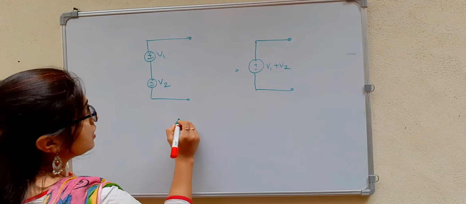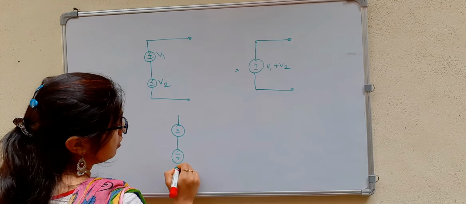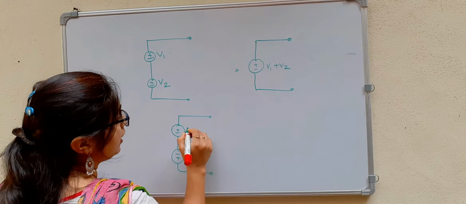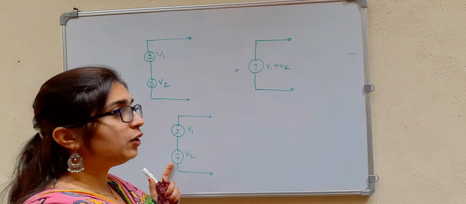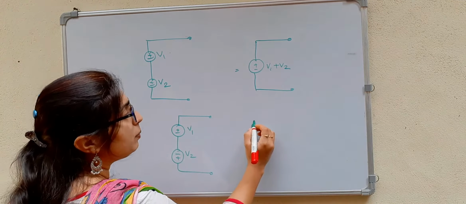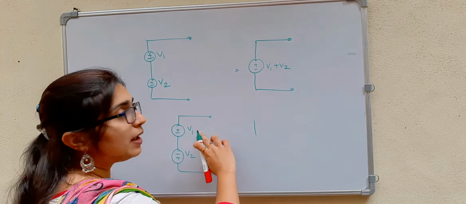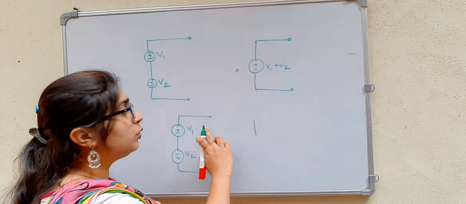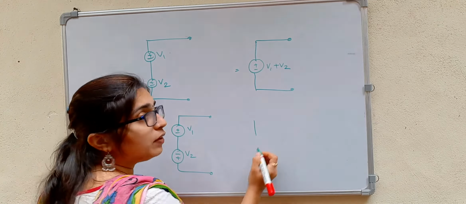So what happens if I connect two sources but they have different polarities? Now we can see that the polarity of V1 and the polarity of V2 will not be the same. So what will be your equivalent source? The value will be equal to the difference between these two voltage sources. But what will be the polarity?